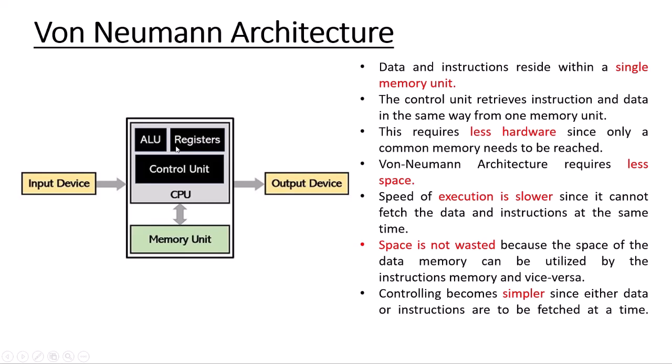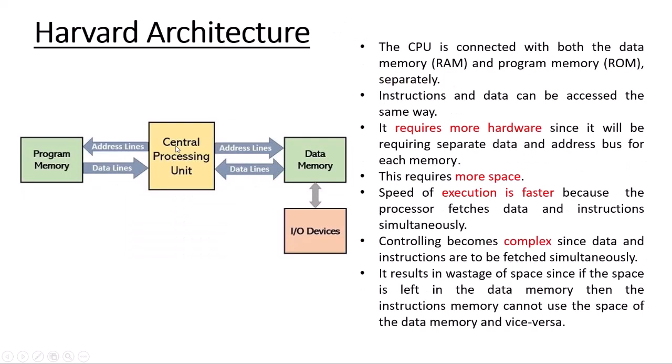So the next architecture is the Harvard architecture. Harvard architecture is named after Harvard Mark I, which is a relay-based computer, an IBM computer at Harvard University. It has physically separate memory storage to hold program instructions and data, which means there is a separate memory for program and data.